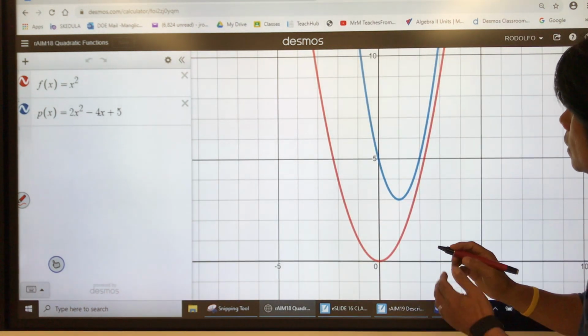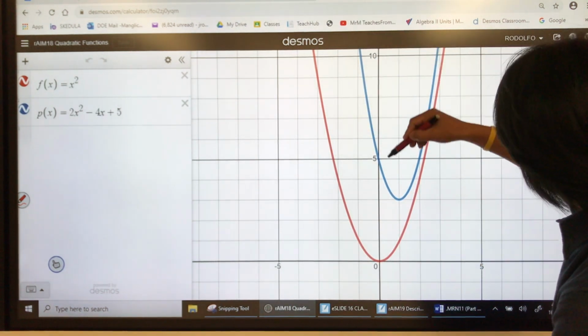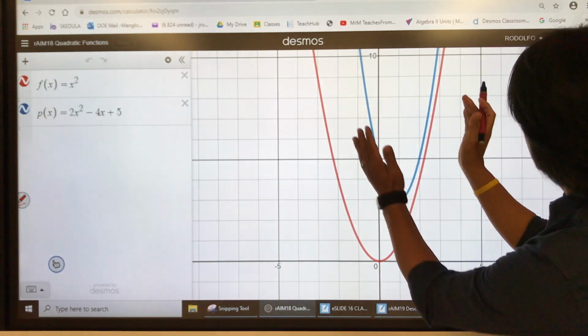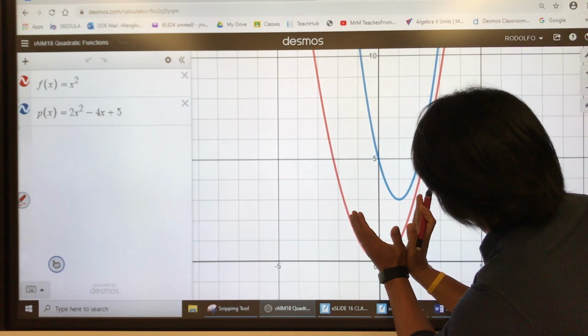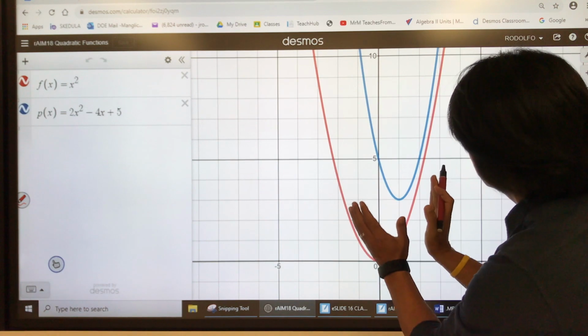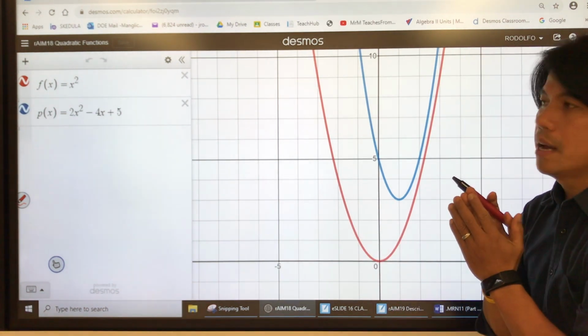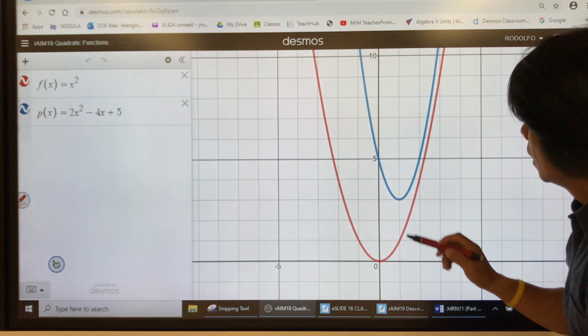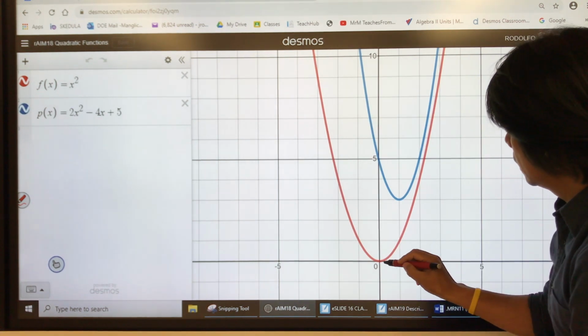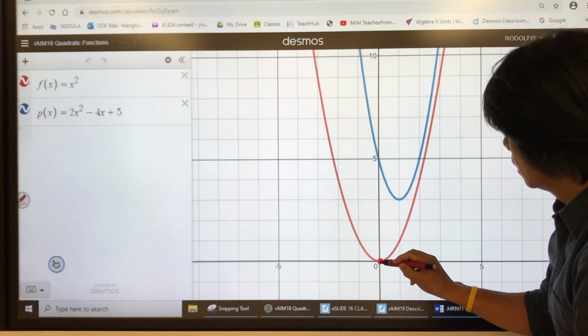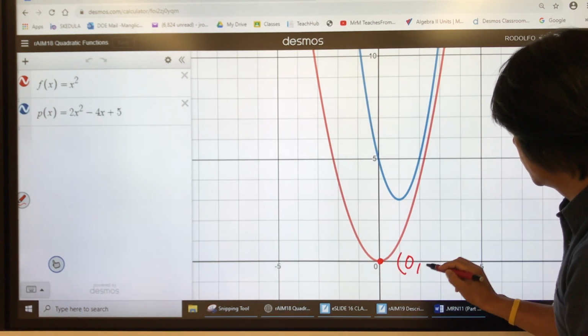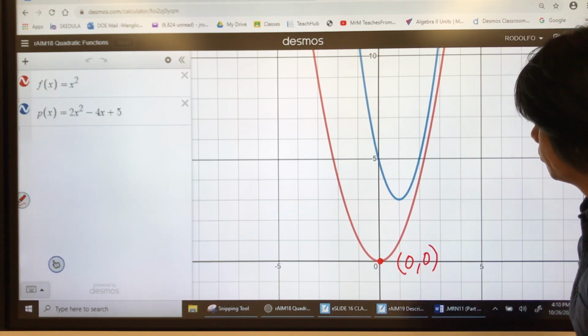If you notice, you see this graph, the blue, is narrower than the parent graph, red. Yeah? And also, looking at the vertex here, the vertex here is 0, 0, right?